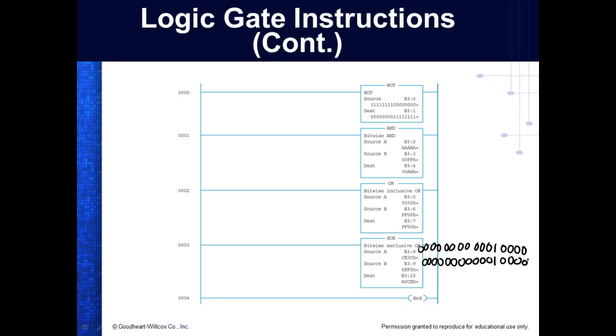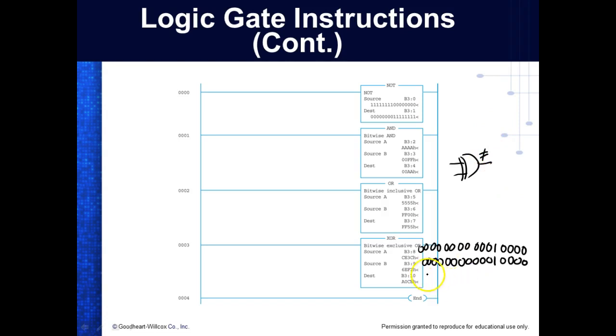Right? And we're doing an exclusive OR. So this tells us what we get when they're not equal, right?